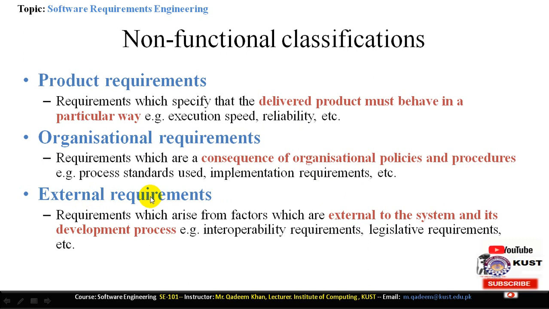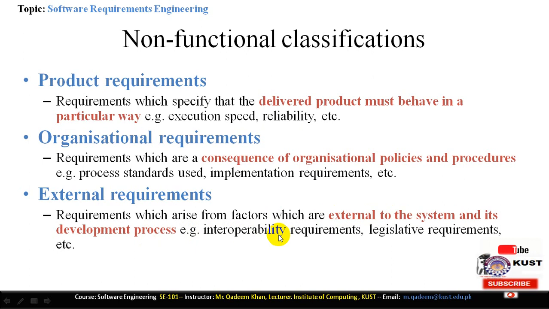External requirements are those requirements which are not the product or the organization requirements, but are external to the system. For example, third-party requirements or government requirements or legislative requirements. These are called the external requirements. They arise from factors which are external to the system and its development processes.